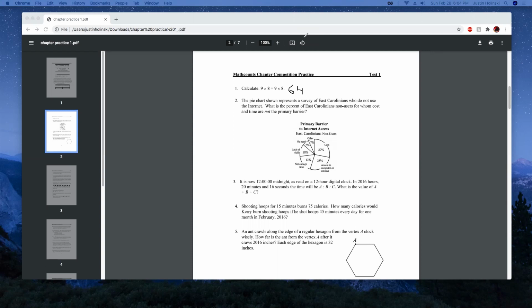Well, I don't want to add everything. So it's where cost and time are not the primary barrier. I just added the ones where cost and time were the barrier, and then subtracted that from 1 or 100% or 2 divided by 2, however you call it.